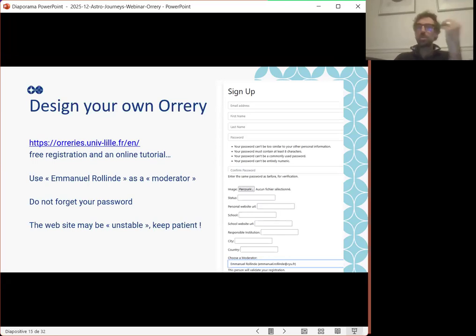But that's not the best way. The best way is to have your students build the orrery and to do the design of your orrery yourself. To do that, you have this beautiful website. You click there or you type this. The registration is free, but you have to register, and there is an online tutorial to use it. You will have to sign up and provide some information.